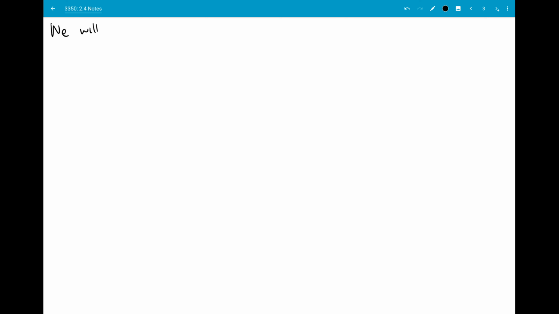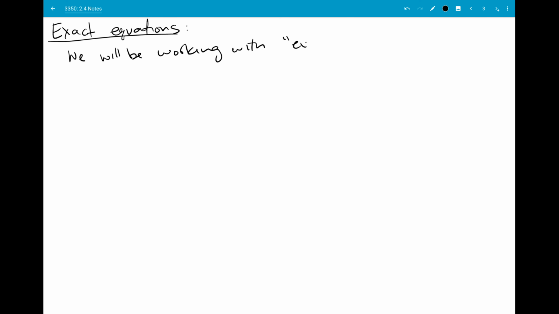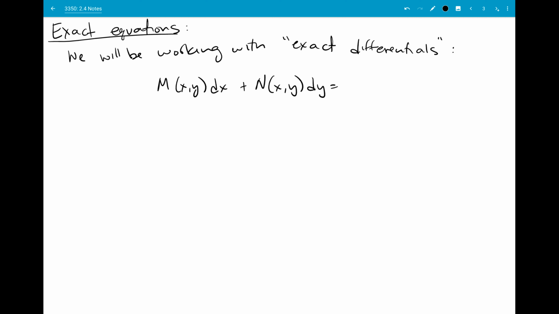So what we're going to be doing is working with something called exact differentials, which you're going to represent as some function M, which can have either x or y in it, dx, plus some function N that can also have x or y in it, dy, equal to 0.